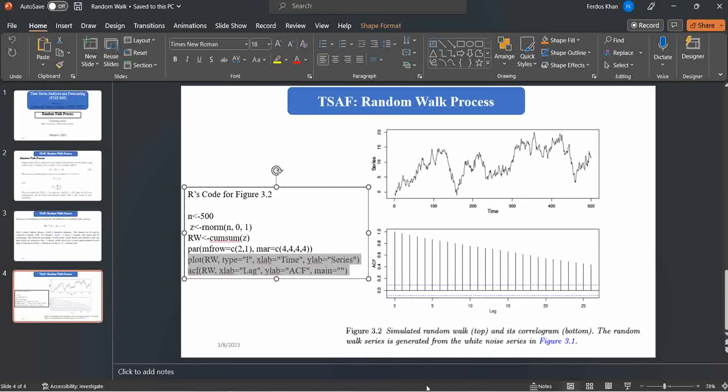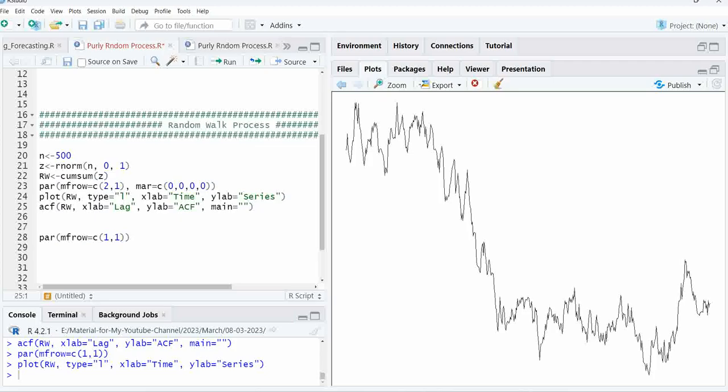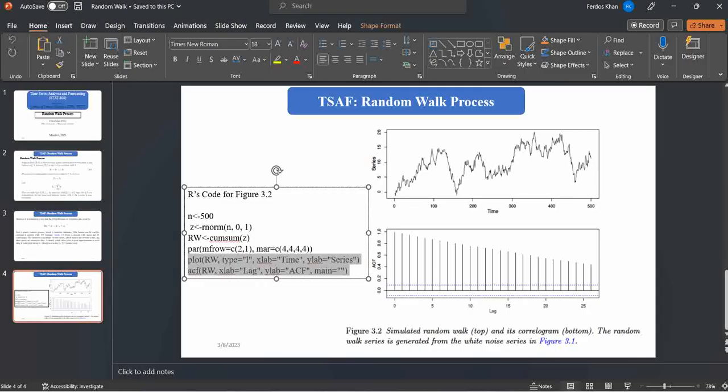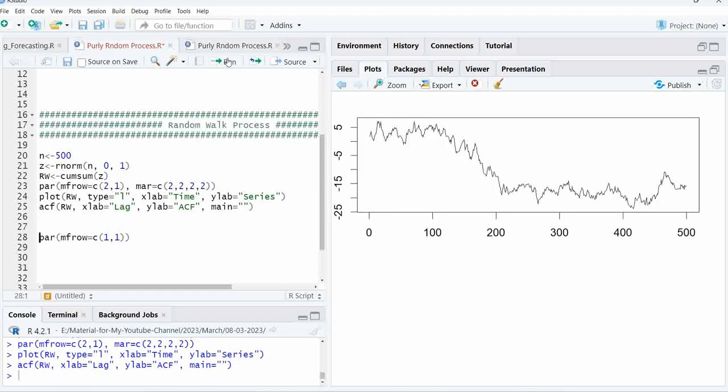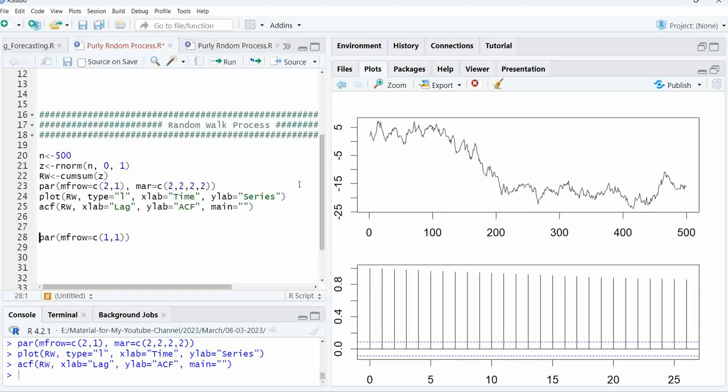It looks like this, but I think it's not necessary because you are randomly generating the data, so it's not necessary that it should be the same. Okay, let me do it like this and divide this into two. If you want to see the two graphs, then you need to make the margin smaller and do it like this. I think it's better now. Okay, it looks like this.